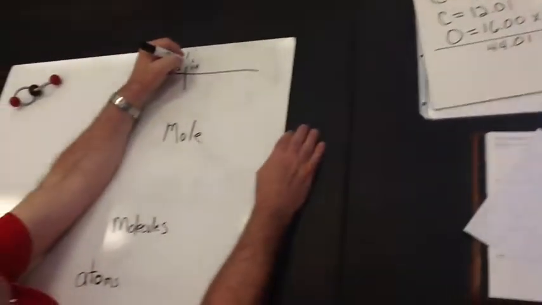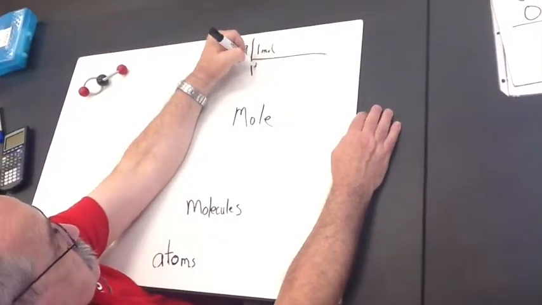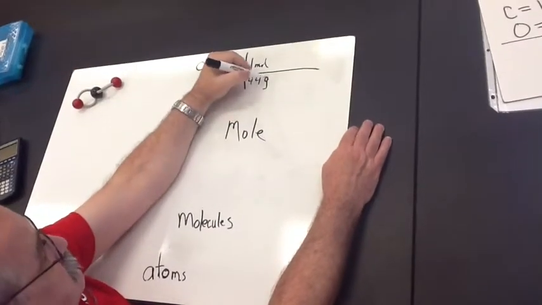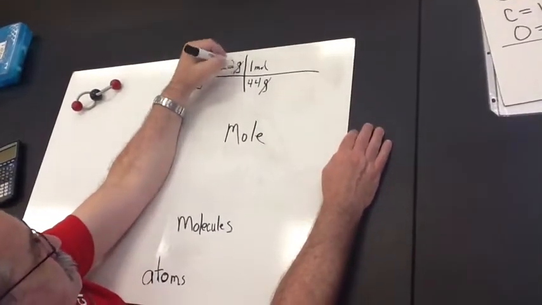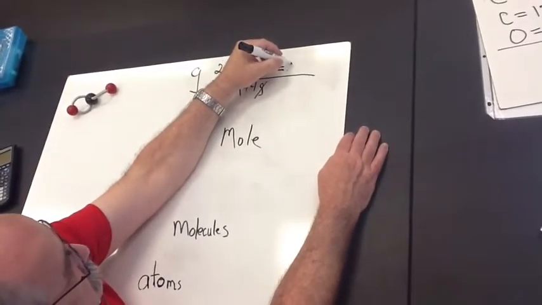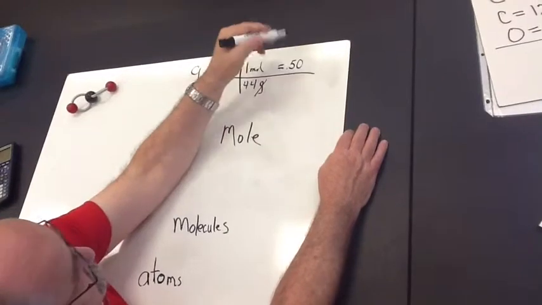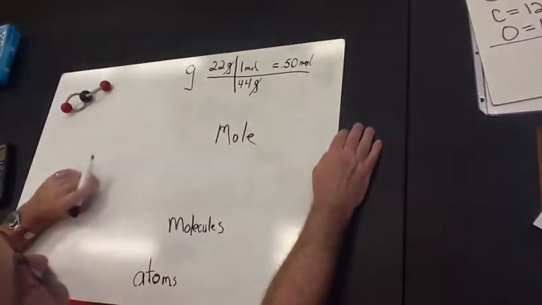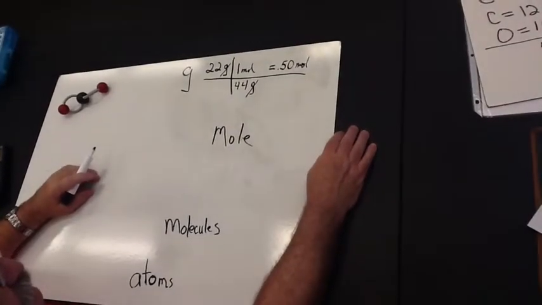So if we put our conversion factor, 1 mole over the 44 grams, we can cancel out the grams and end up with moles. In this case, keeping math very simple, we have 1/2 mole of CO2.